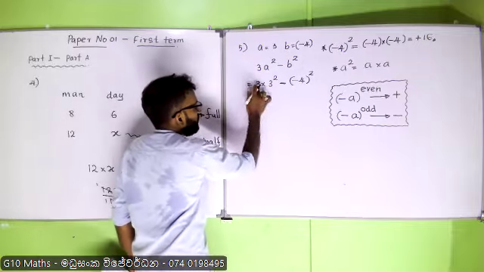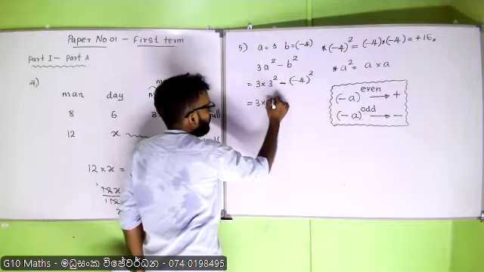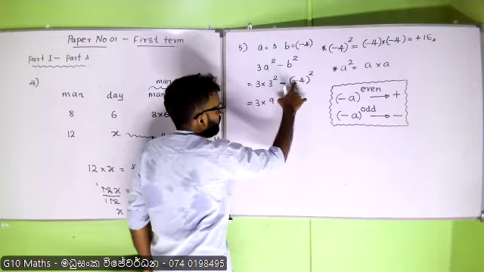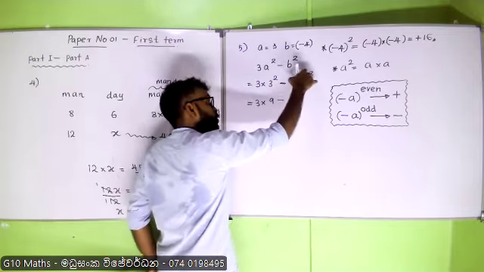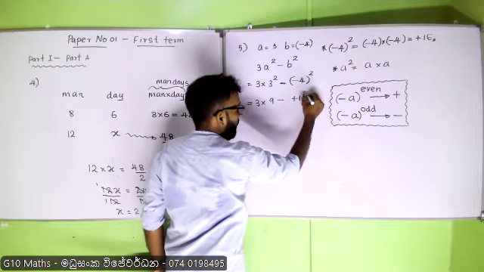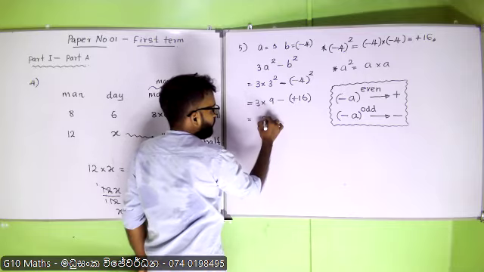So here, 3 multiplied by 3 to the power 2 is 9. Here you have a negative sign. Negative 4 to the power 2 is positive 16. Sorry, 3 times 9 is 27.